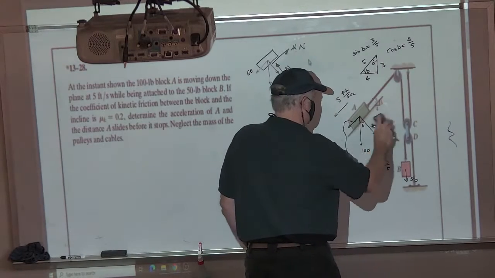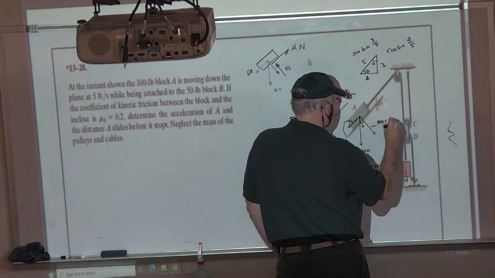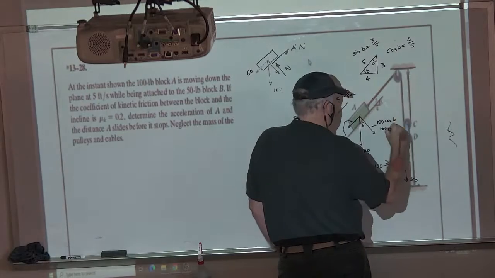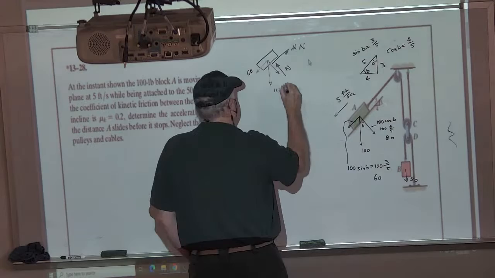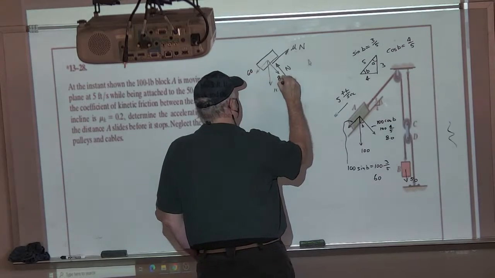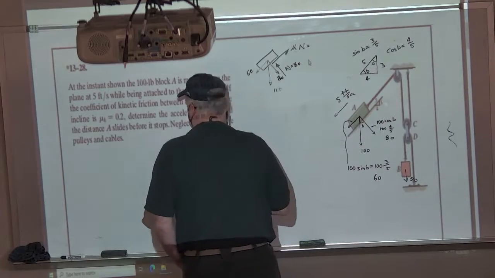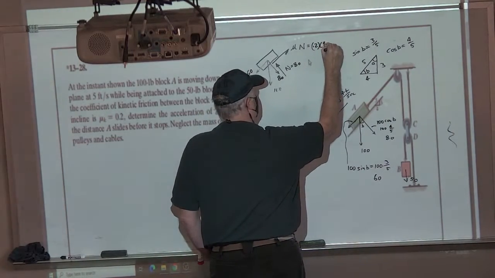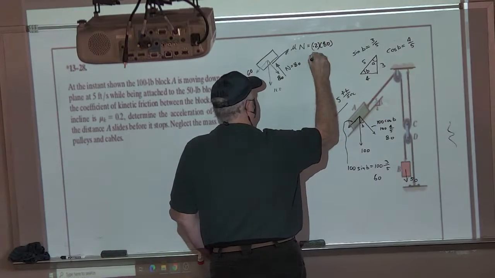This would be 100 cosine B, or 100 times 4/5, or 80. Therefore, this would be 80. Therefore, this would be 0.2 times 80, or twice of 8, which would be 16.